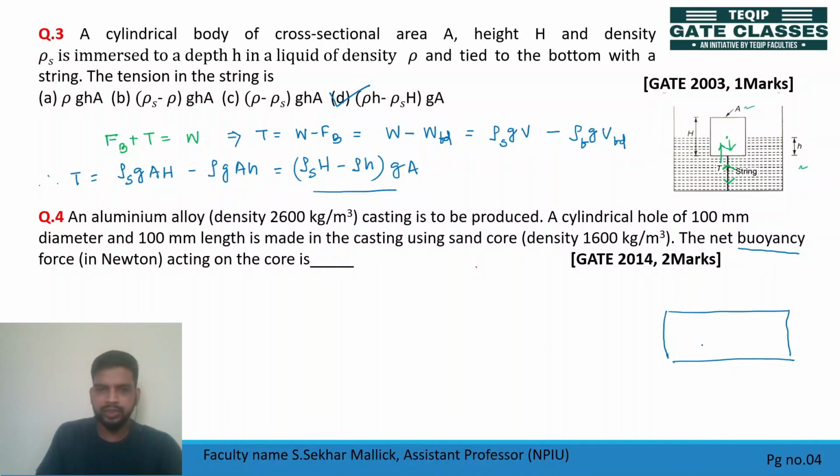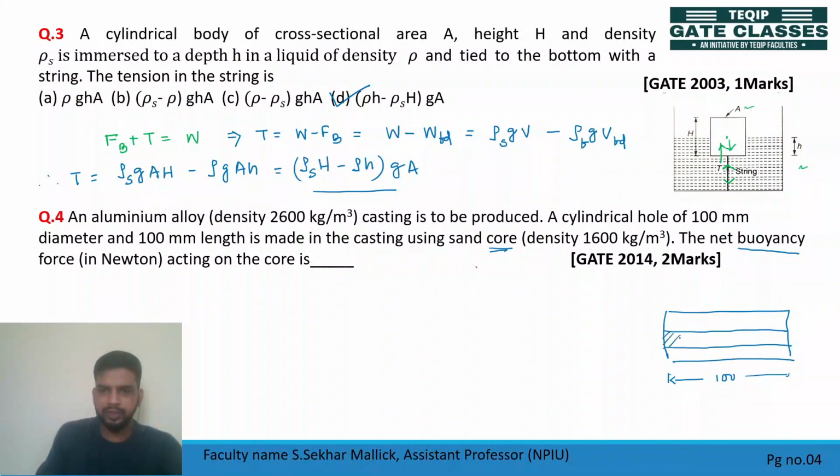So aluminium is in liquid state, and if we want to make an internal hole inside, if we want to make a core, then we have to place some material over here. So this length is given as 100 and diameter is also 100.